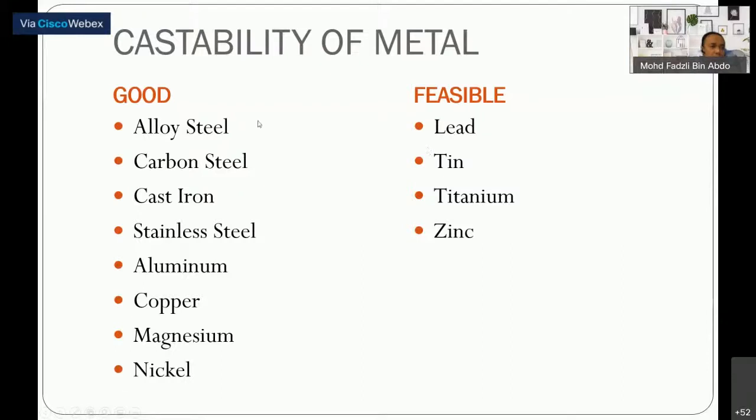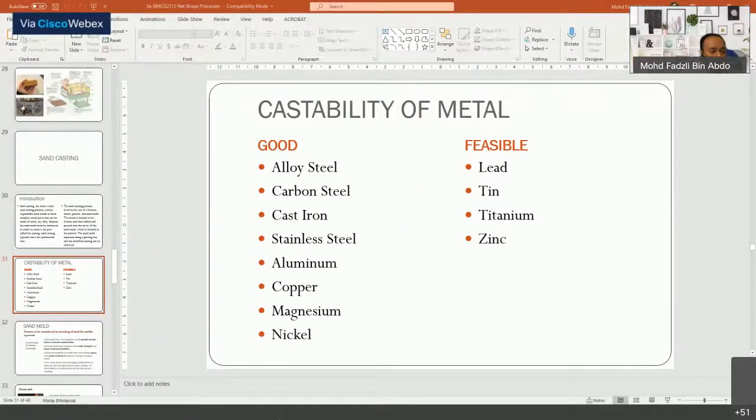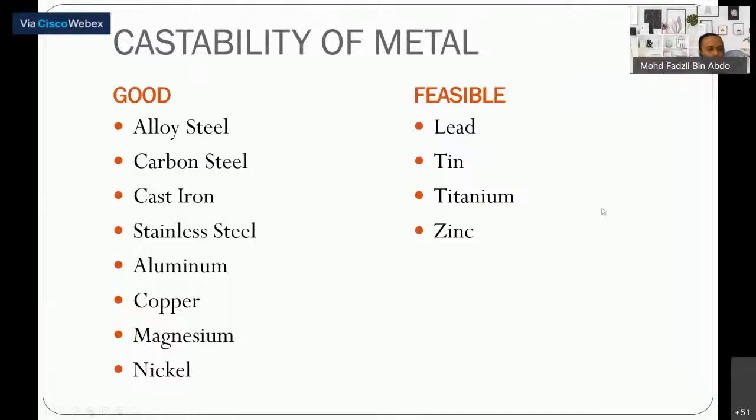Untuk metal yang boleh casting adalah alloy steel, carbon steel, cast iron, stainless steel, aluminium, copper, magnesium and also the nickel. Yang feasible, yang mungkin boleh di-cast ataupun mungkin tak boleh di-cast adalah lead, tin, titanium dan juga zinc.